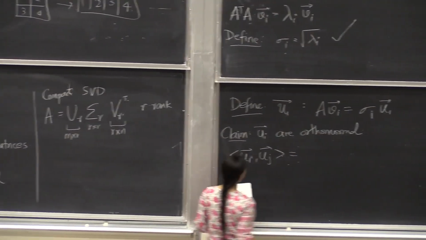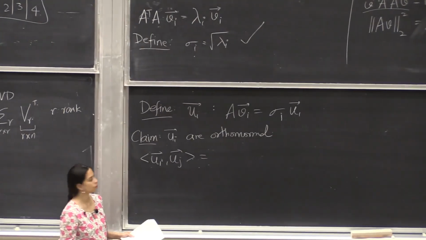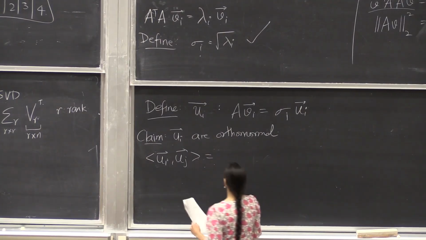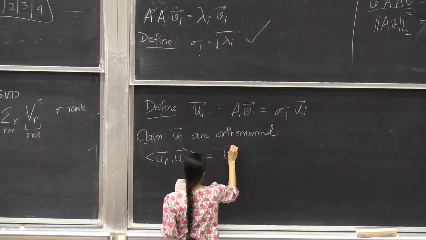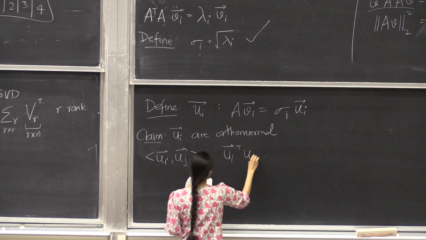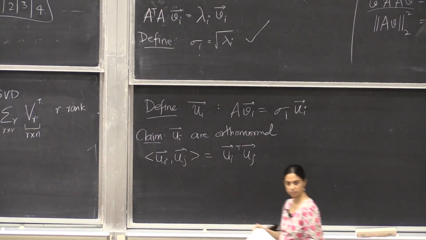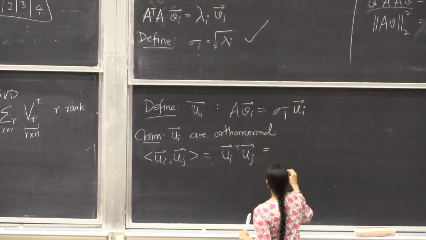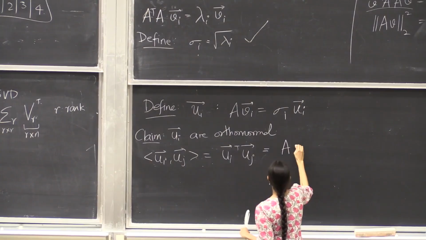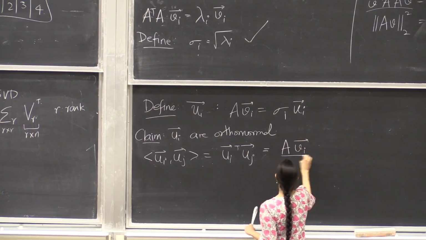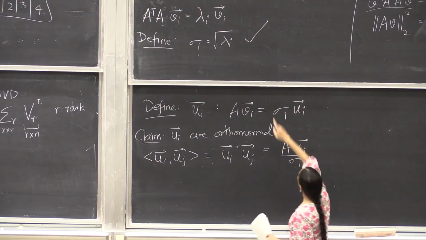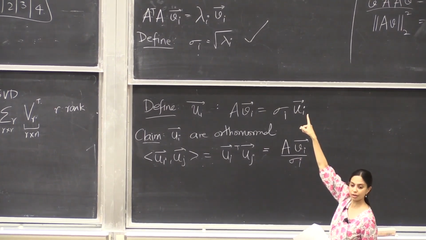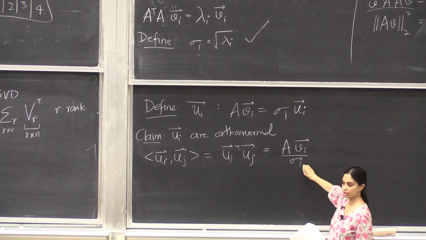What is this dot product? Well, if I've defined these ui's this way, I can write this as ui transpose uj. Okay? So I can write this as A times vi divided by sigma i. Remember, I've only defined these for the non-zero eigenvalues, right? So my sigma is therefore not 0.